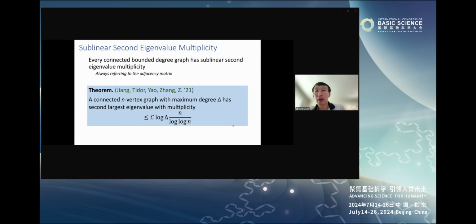What our result does is extend this to the second largest eigenvalue, which can have multiplicity, but it turns out it cannot have linear multiplicity. Right? So the multiplicity of the second largest eigenvalue is always sublinear. This is a very general result, which I hope is independently interesting, but also plays a key role in our solution to equiangular lines.